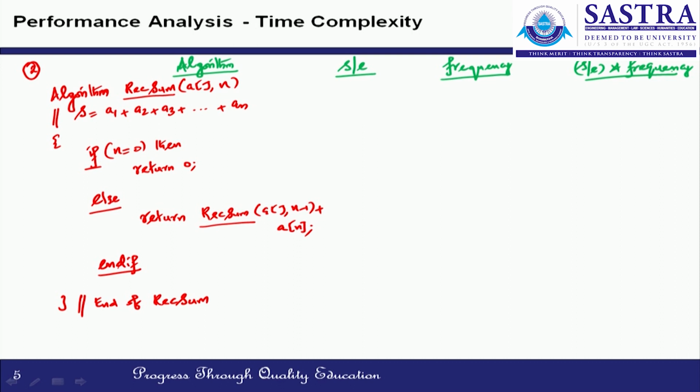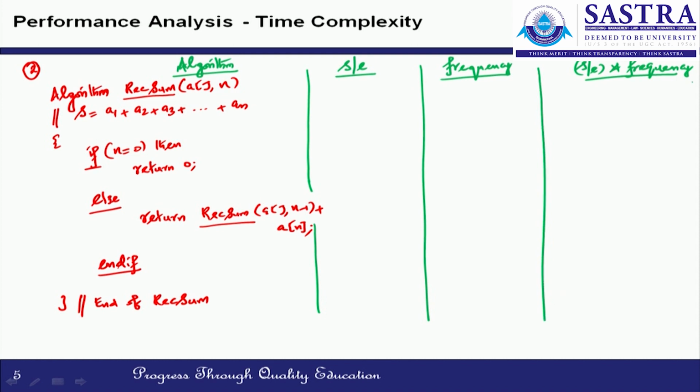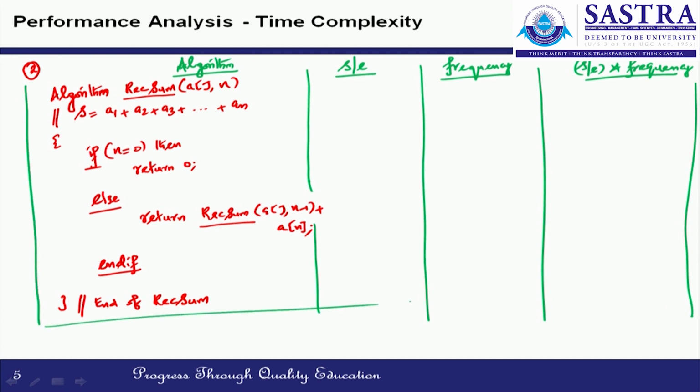Now let us find the column values: step per execution, frequency, then step per execution into frequency. Constructing the table like this.